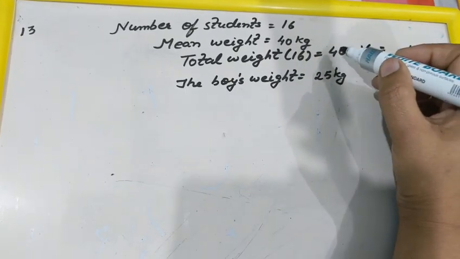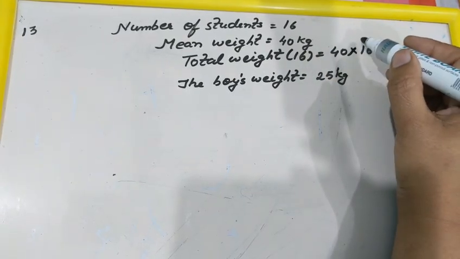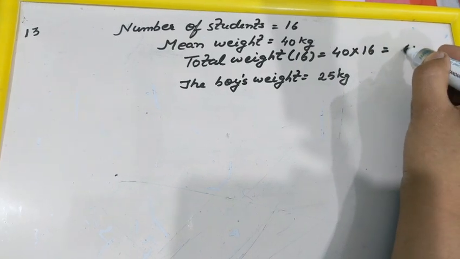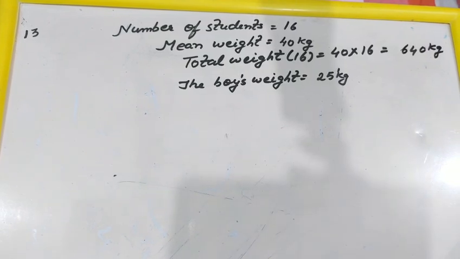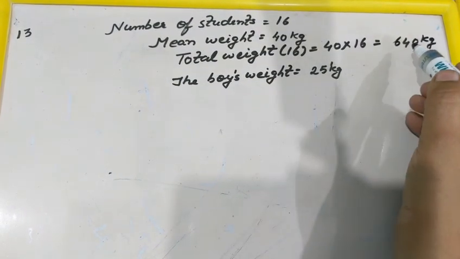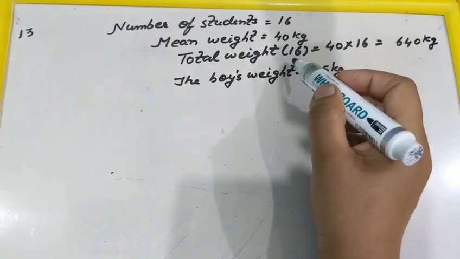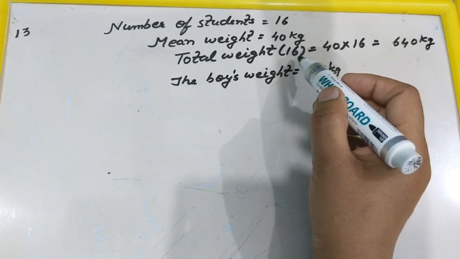So when you multiply, 4 6s are 24, 2 carry over, 4 1s are 4, 5 6, 640 kg. Hope this part is clear to all children. This is the total weight of 16 students.